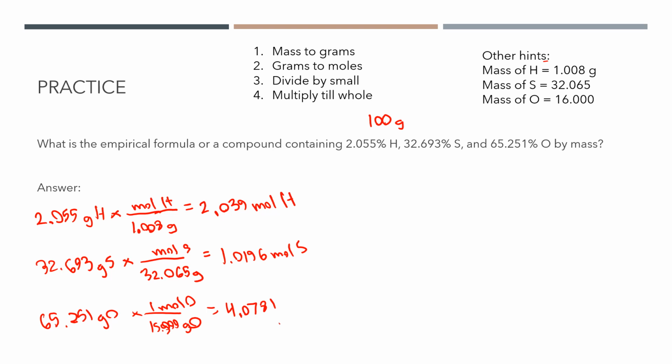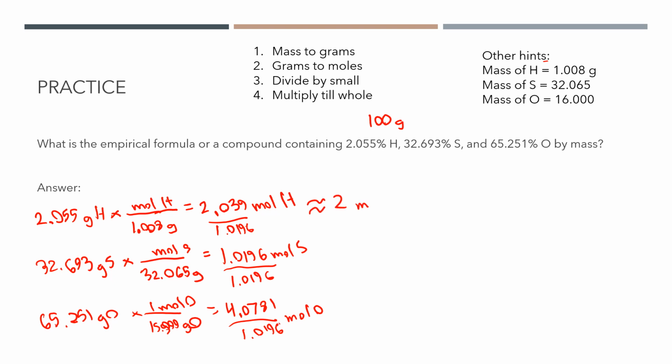So now we divide all of these by the lowest. So this is the lowest number, so let's divide that by 1.0196. Divide that by 1.0196. Divide that by 1.0196. And I didn't label that. Mole of oxygen. This gets us roughly about 2.